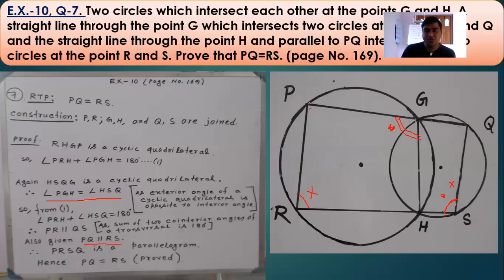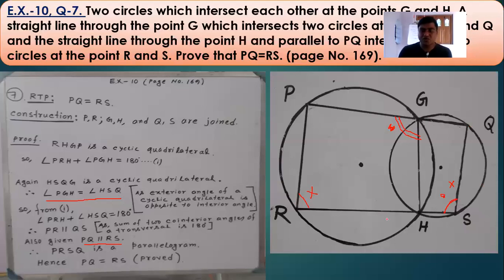So P, R, S, Q is a quadrilateral. In this quadrilateral, opposite sides are parallel: PQ parallel to RS and PR parallel to QS.